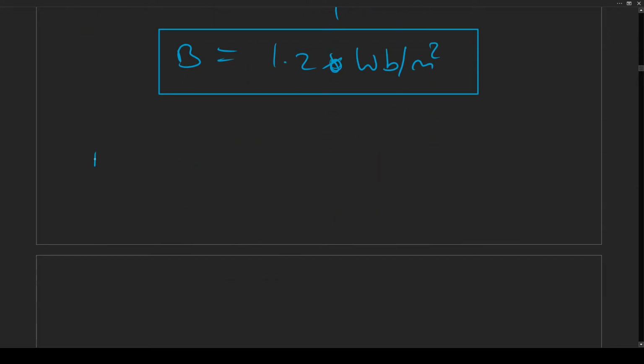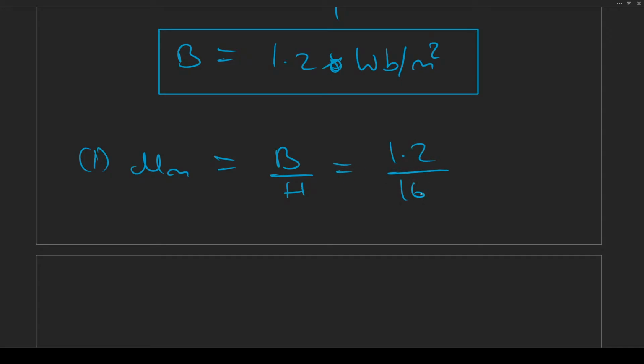Now if you want to calculate permeability, mu m equals B by H, which is 1.2 by 1600, and we get 7.5 into 10 power minus 4 Henry per meter.